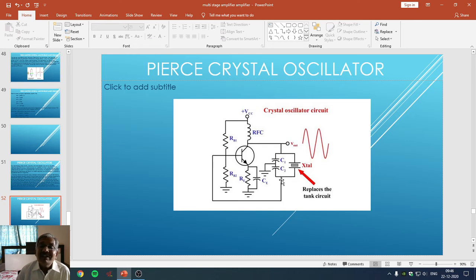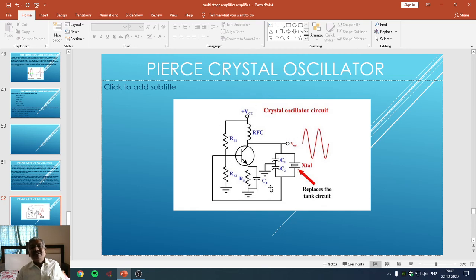When that 180-degree phase shift is subtracted from the input, the resulting net phase shift is 0 degrees. This indicates that there exists a positive feedback, and this is one of the conditions to satisfy the Barkhausen criteria. By this way, it satisfies that particular condition.